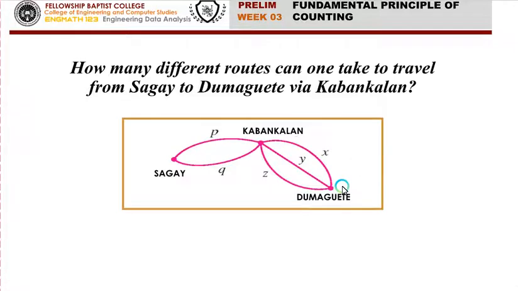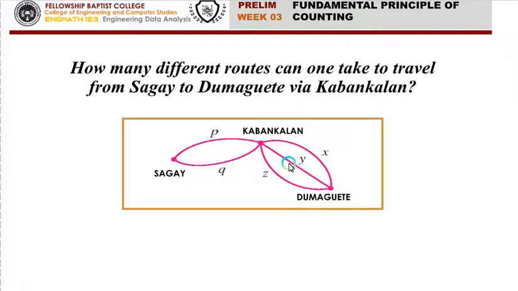So the question is, how many different routes can one take to travel from Sagay going to Dumaguete via Cabancalan? The key to answering this type of question is to consider the problem in possible stages.